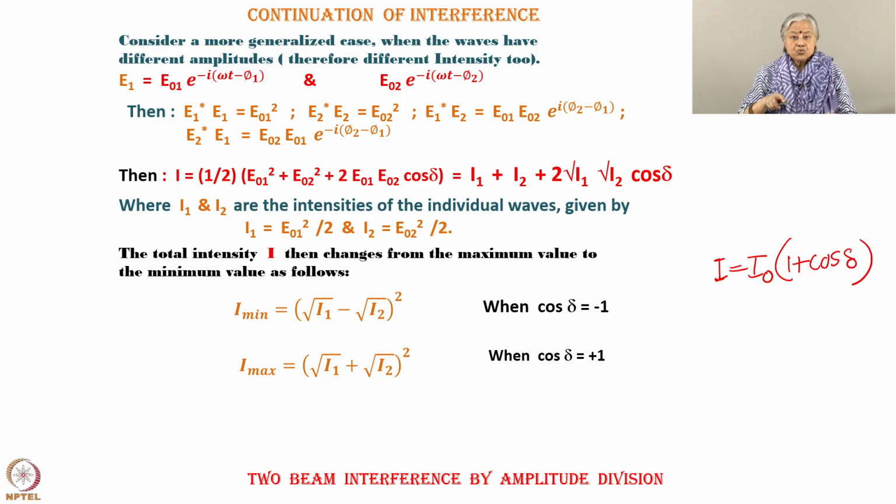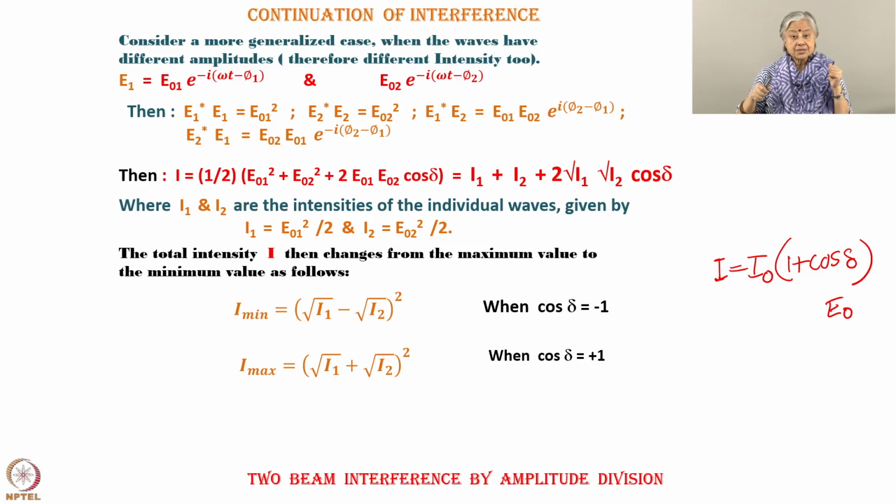Now, I am continuing with the interference derivation of two waves, but what I will consider is a more generalized case when the waves have different amplitudes. Till now I took the amplitude as E0; E1 and E2 both started with an amplitude of E0. But it may not happen that way always. Can you really get an interference pattern even when the amplitudes are not equal?